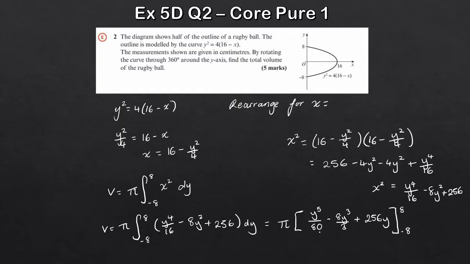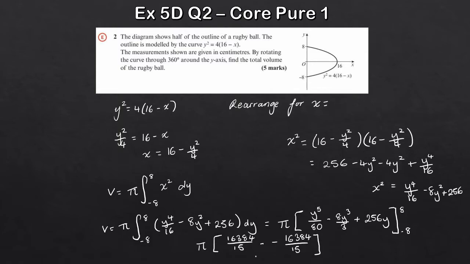So, if you put 8 into here, what that'll give you is pi lots of 16,384 over 15. Now if you put minus 8 in, now remember we subtract the lower limit off, so that'll be minus, and what you get is minus 16,384 over 15.